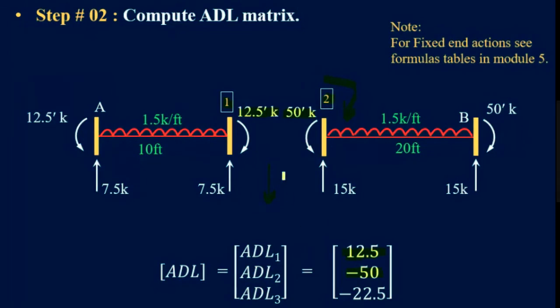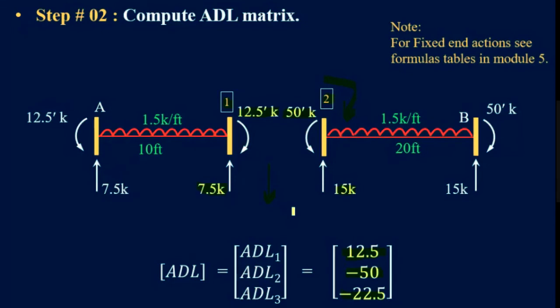And the assumed direction of our D3 is downward, but here the values are upward. So when we add them, this becomes 22.5, but negative, because these are in the opposite direction to our assumed direction of D3.